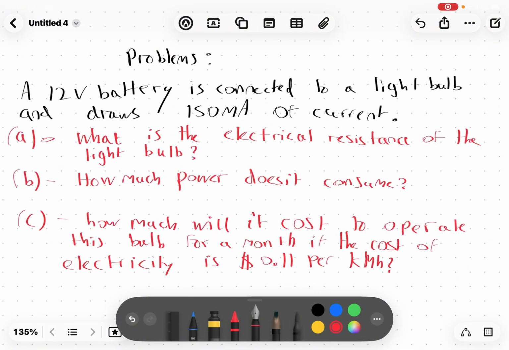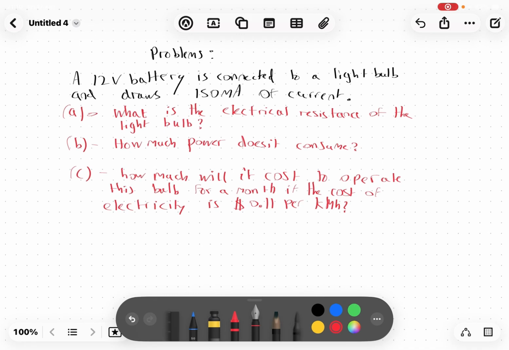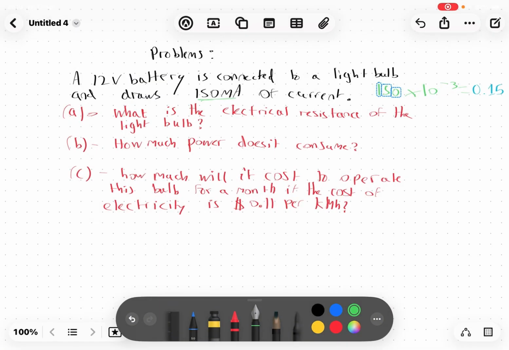So the next example problem is a 12-volt battery connected to a light bulb that draws 150 milliamps of current. What is the electrical resistance of the light bulb? First of all, let's transform this into the proper amps, which will be 150 times 10 to the power minus 3, which is 0.15.